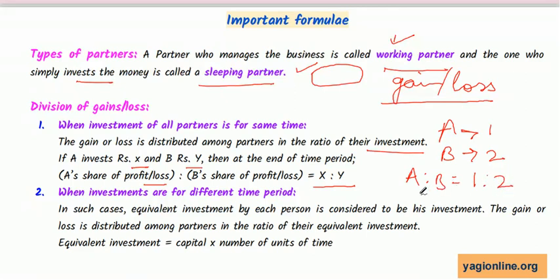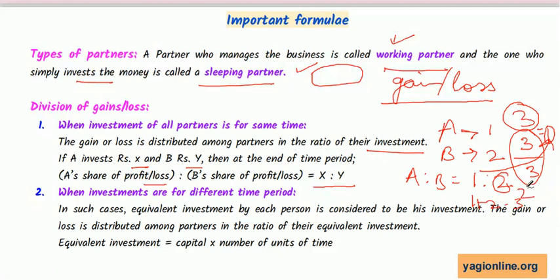So say by the end of the year they received a profit of rupees 3. What we'll do is we'll divide this profit into 1 plus 2 is equal to 3 equal parts. Because A invested rupee 1, A will get rupee 1, whereas B invested rupee 2, so B will get 1 into 2, that is 2. So this is how the profit or loss is shared among the partners.